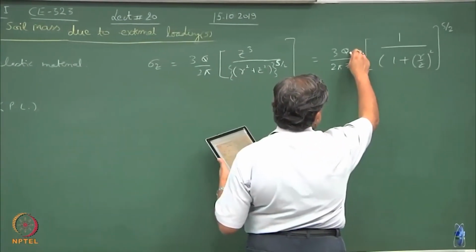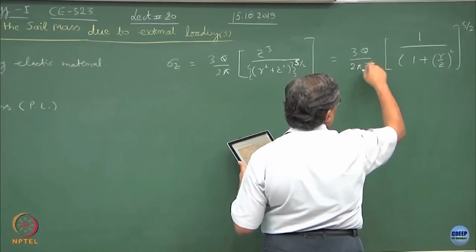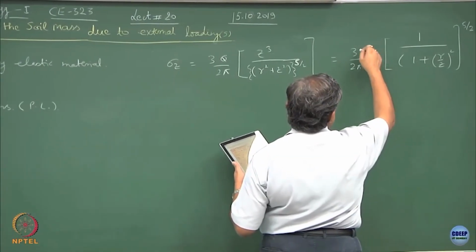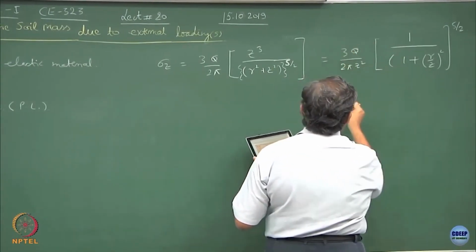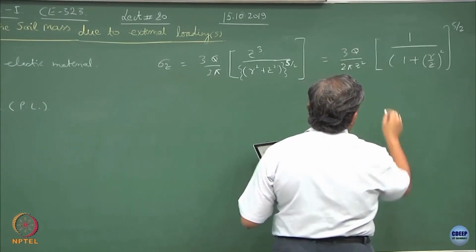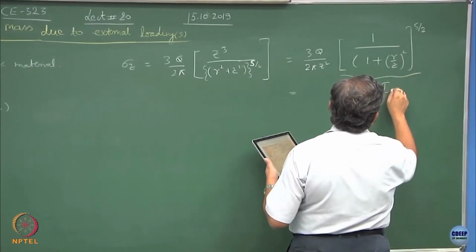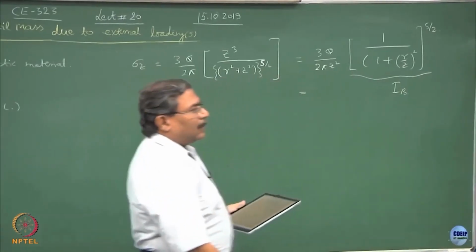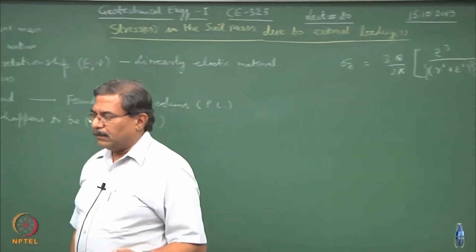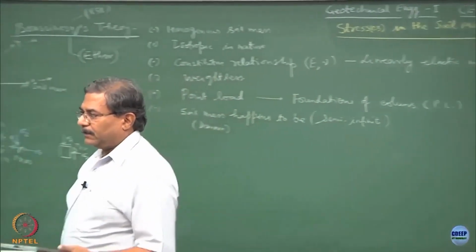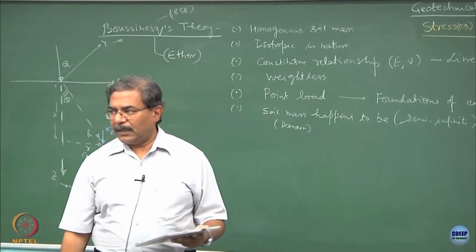Q is the load, z square is a sort of an area. So, this becomes a pressure term, 3 upon 2 pi is the solution. Normally what we do is, we replace this term as IB, and this is what is defined as the influence factor, alright, influence factor IB.